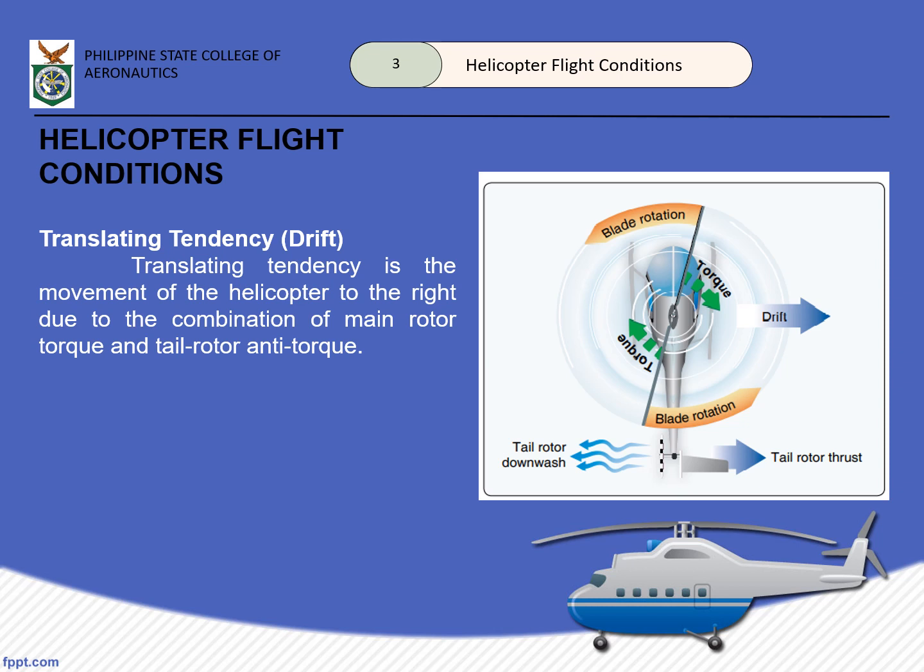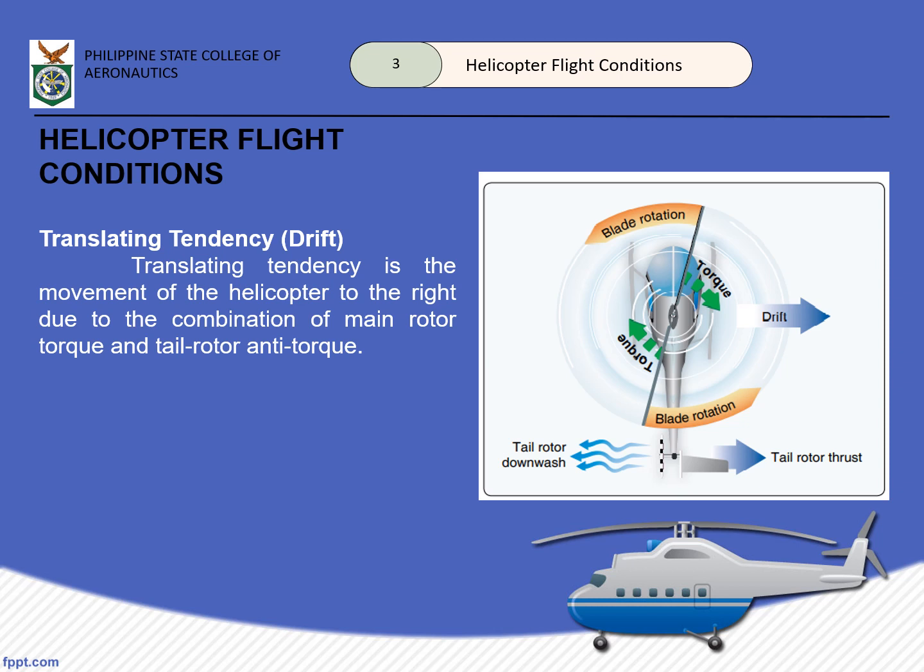So, as you may see sa ating photo, a tail rotor is designed to produce thrust in the direction opposite sa ating torque. Yun yung pinaka-function niya. But the thrust produced by the tail rotor is sufficient to move the helicopter laterally. So, paano natin maka-counteract tong translating tendency or drift na ito?